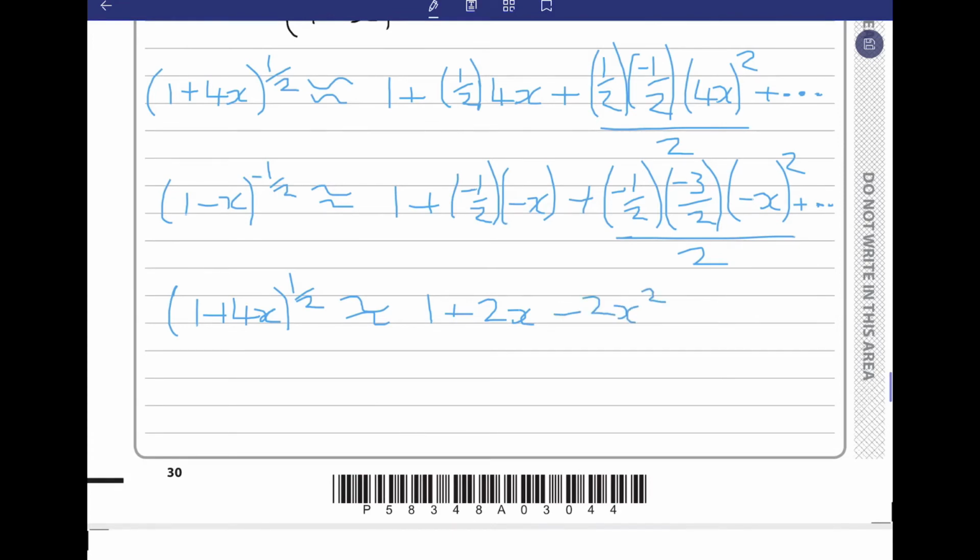And that's our final approximation. Similarly, (1 minus x) to the minus a half is approximately 1. So we've got minus a half times minus x, so it's plus a half x. And then we've got minus a half times minus 3 over 2, which is 3 over 4, times x squared over 2, which is 3 over 8.